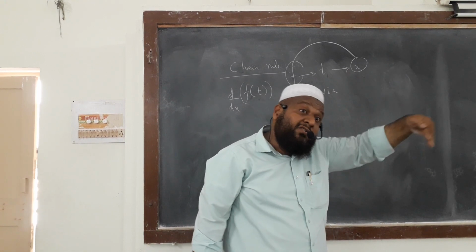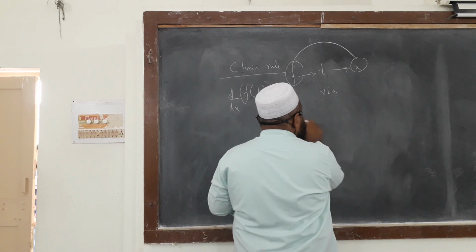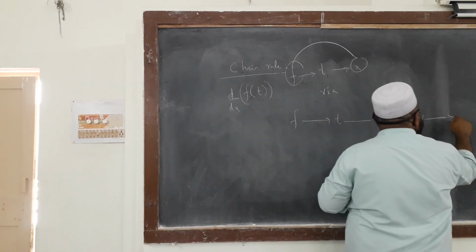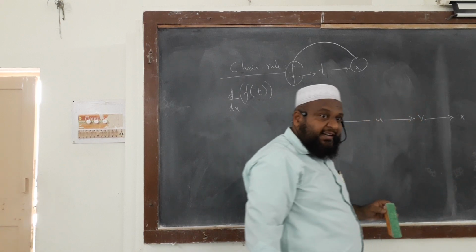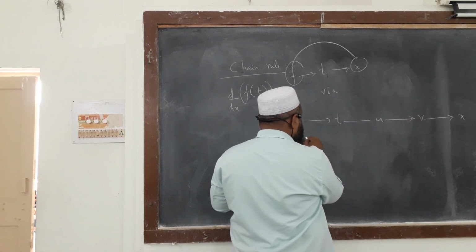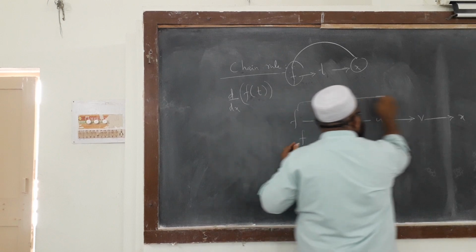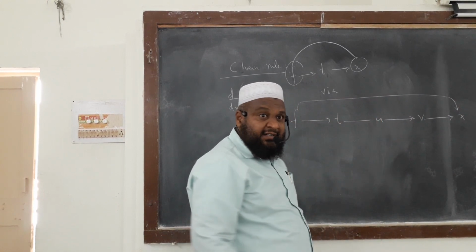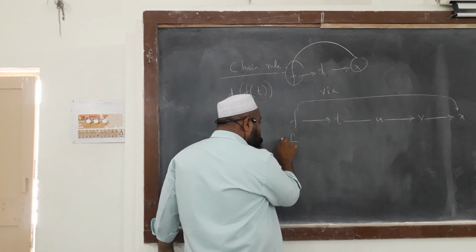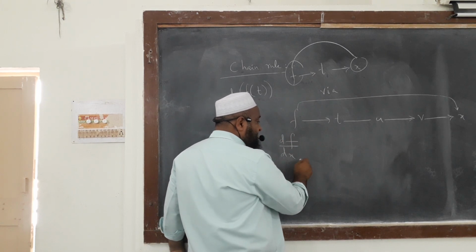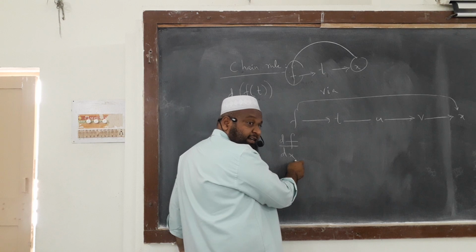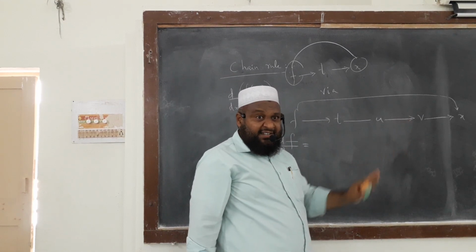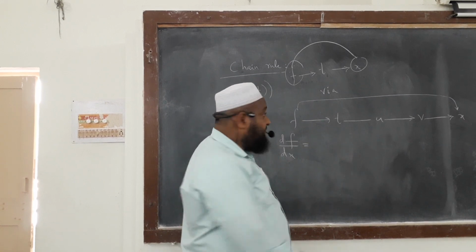There may be a long chain. For example, f depends on t, t depends on u, u depends on v, v depends on x. Even then, finally f depends on x. When f depends on x, then we can find the derivative of f with respect to x. What you do is, part wise you find the derivatives and you multiply.